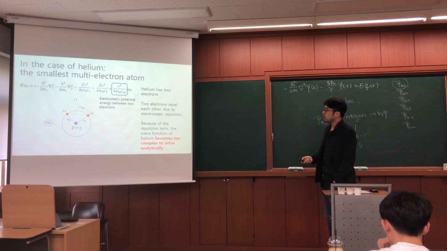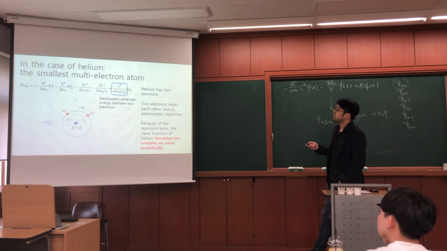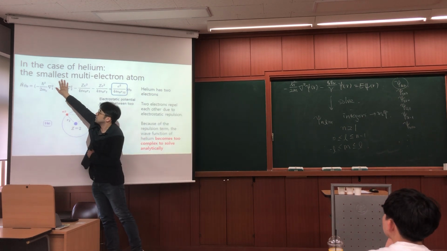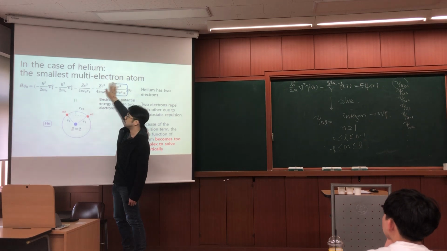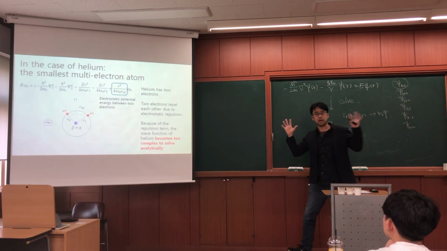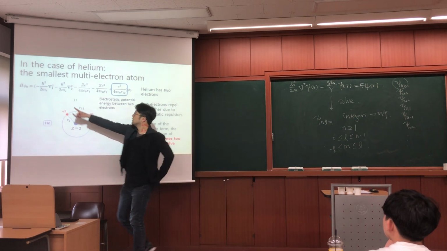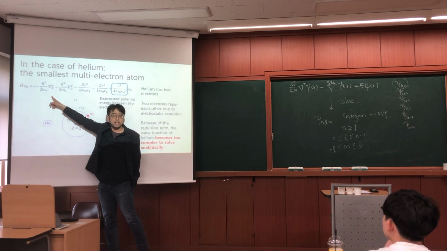But as soon as we add one additional electron here, the Hamiltonian becomes a little more complicated. When you have only one electron, there was nothing like this, and this didn't exist, so there were only 2 terms. But now we have 5 terms. What does this mean?